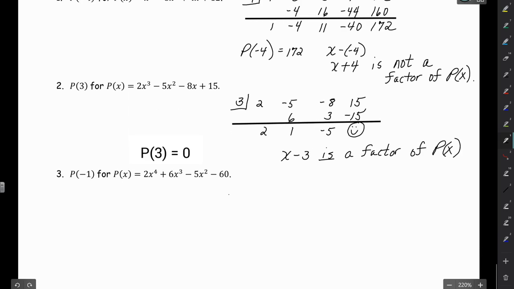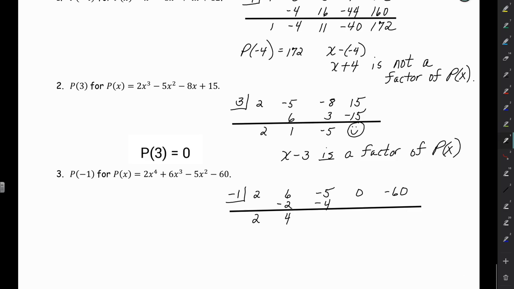Last one, put negative 1 in the box. List out our coefficients. We have 2, 6, negative 5. We're missing the x to the first term, so there'll be a 0 there, and then minus 60. Bring down the 2. 2 times negative 1 is negative 2. 6 minus 2 is 4. 4 times negative 1 is negative 4. Negative 5 minus 4 is negative 9.